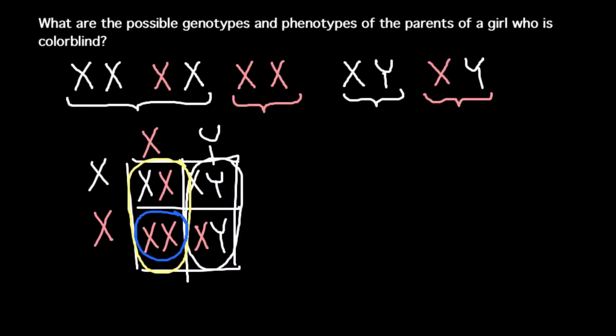So this female would be affected, and this female would be a carrier, with the same genotype as her mother, but she wouldn't express the disorder because she has one normal X chromosome. And of course 50% of the male progeny would be affected, but that is not the question of our problem today.